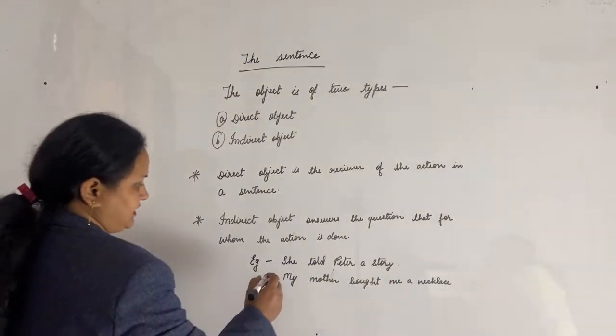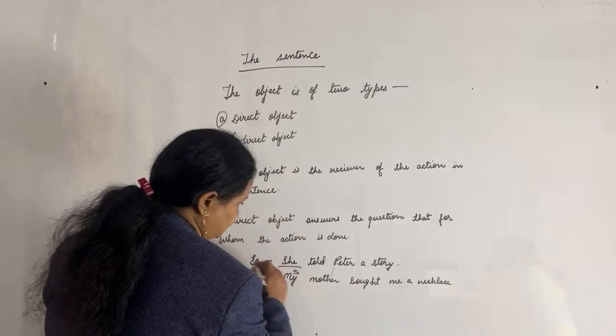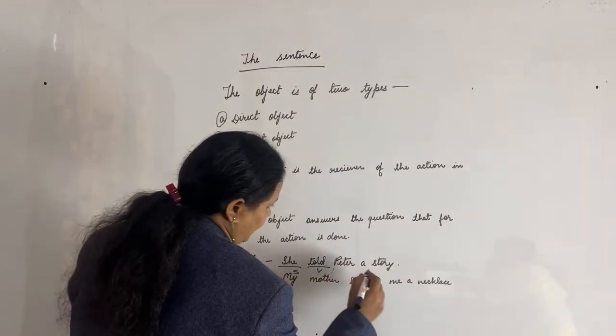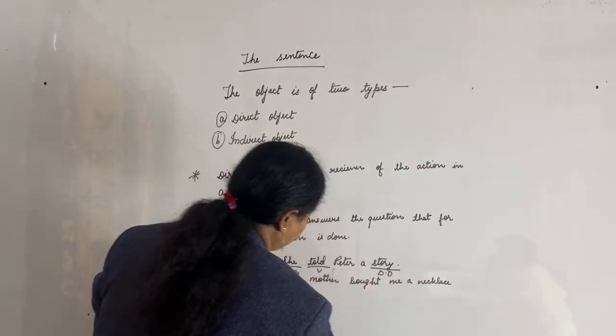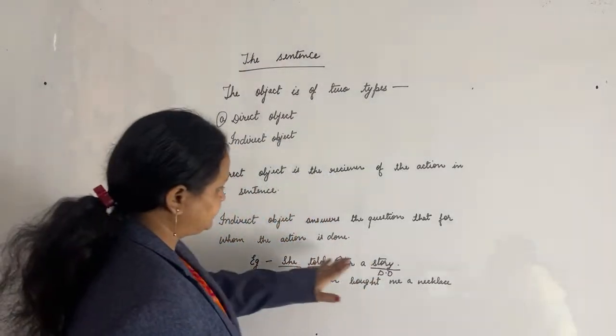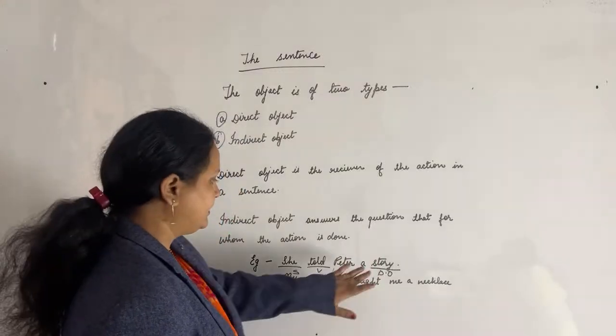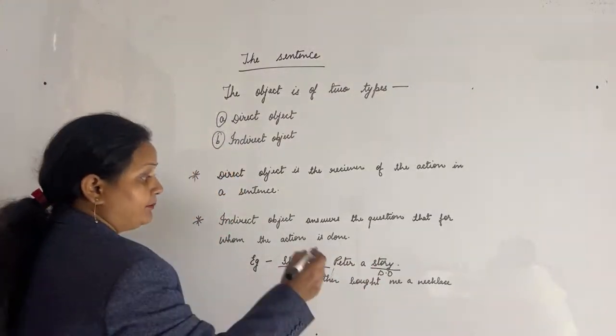In the first instance, she is the subject, told is verb, and story is direct object. What is she telling? She is telling a story. So story is direct object, but to whom?